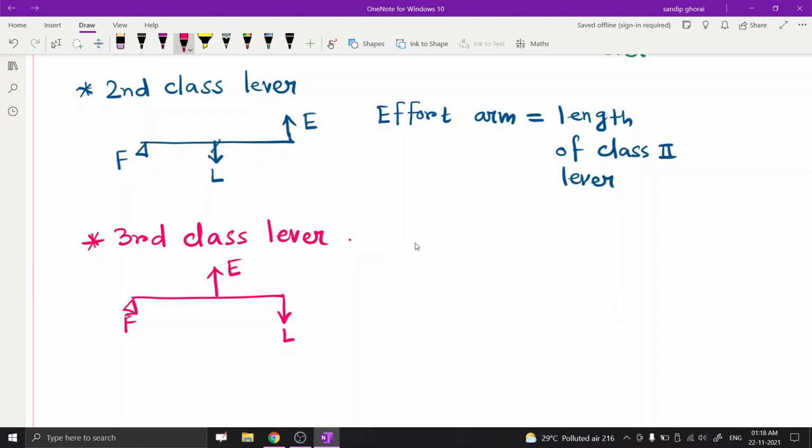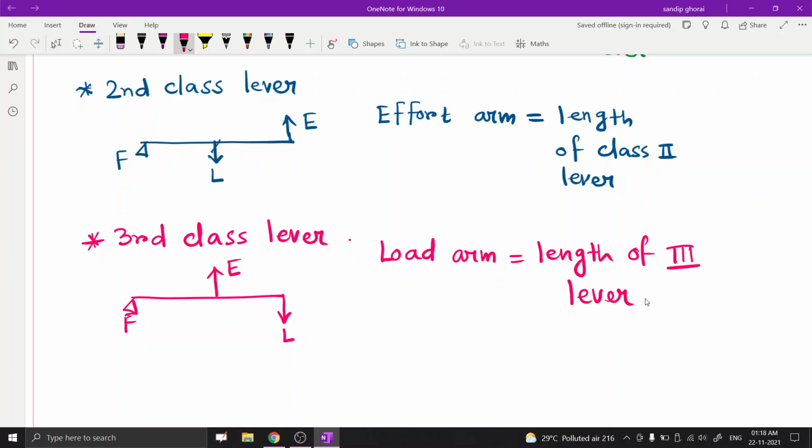So here the load arm is equal to the length of the third class lever.